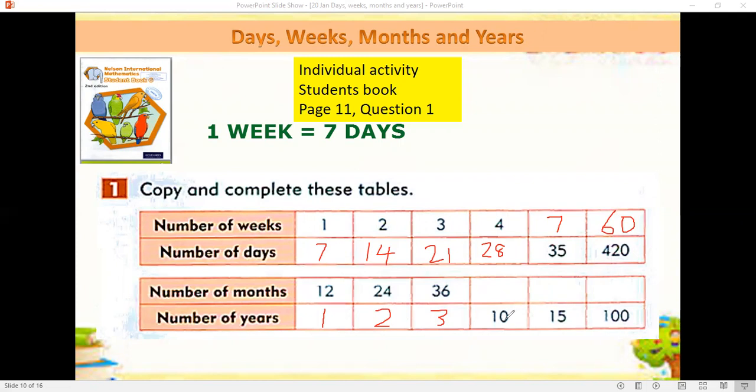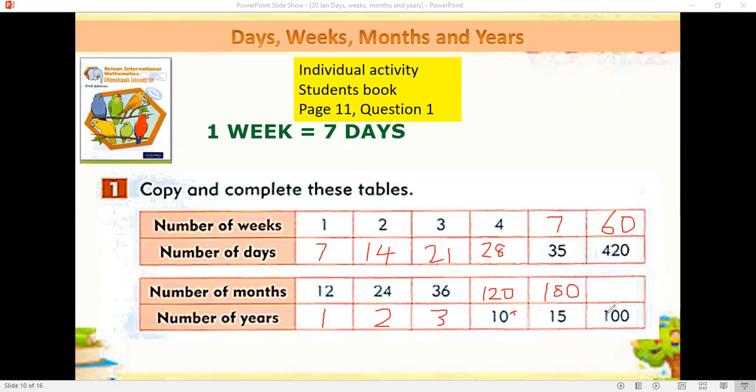How about if we have 10 years? Therefore, we are going to multiply 10 times 12, which is 120. Then 15 times 12. What did you get? How many? It is 180. Then, in 100 years, how many months? So you will multiply 12 times 100.